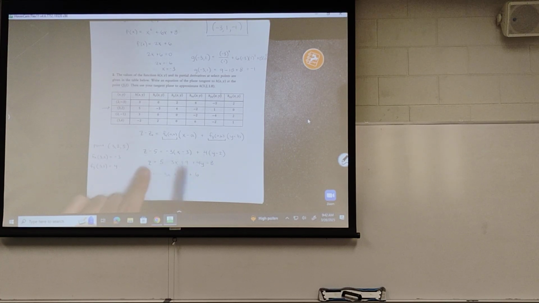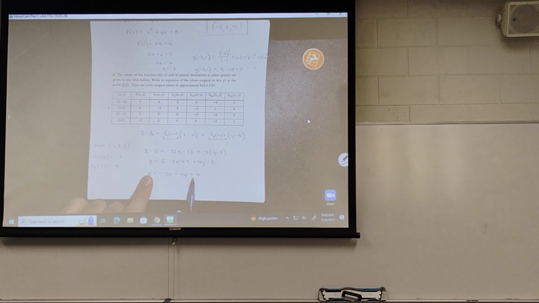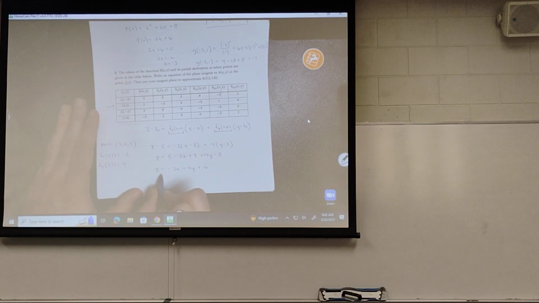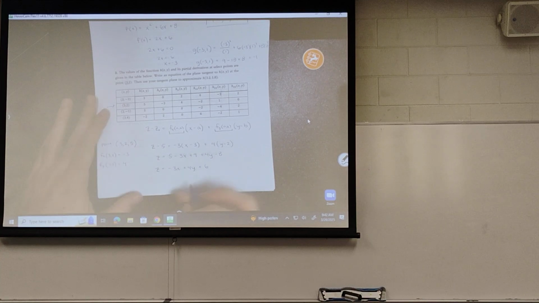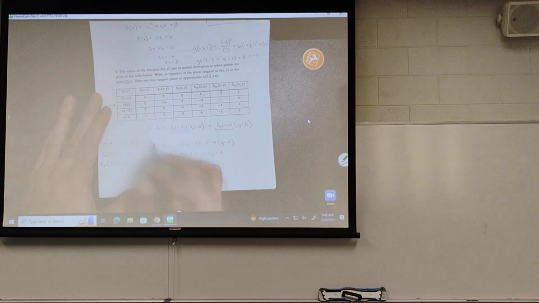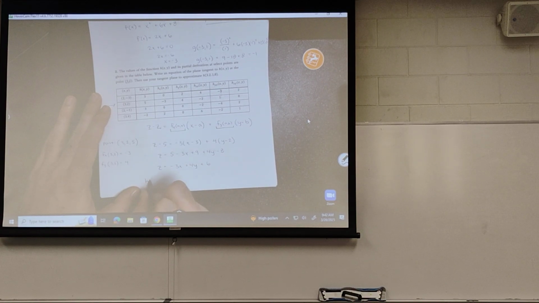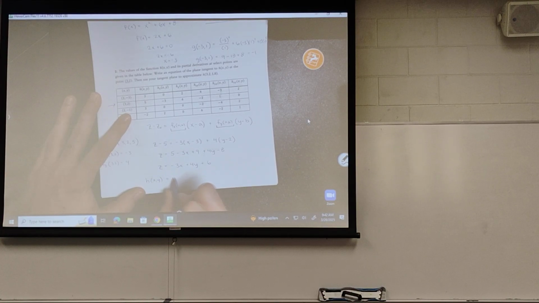So again, once you've cleaned it up, lots of different ways that you can write it, I'm going to leave this as z equals something because this tangent plane becomes an approximation of what the surface is doing at that point. So I have no idea what this function h looks like, but I can say that function behaves like negative 3x plus 4y plus 6 near the point 3, 2.